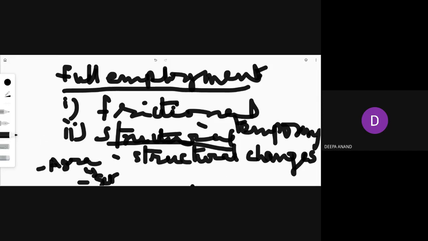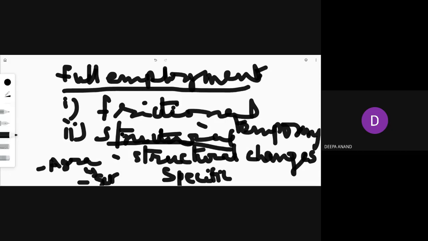That means there is a mismatch between the unemployed person and the demand for a specific type of worker. A specific type of worker is required, and here it is computer knowledge. Only workers having knowledge of computers are required, so the other persons will lose their job. So when structural changes happen in the economy and unemployment happens, that is known as structural unemployment.